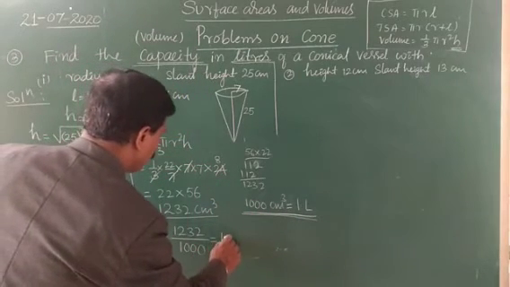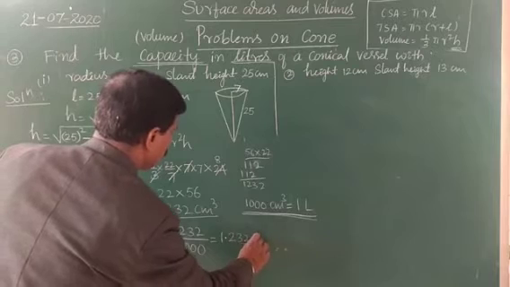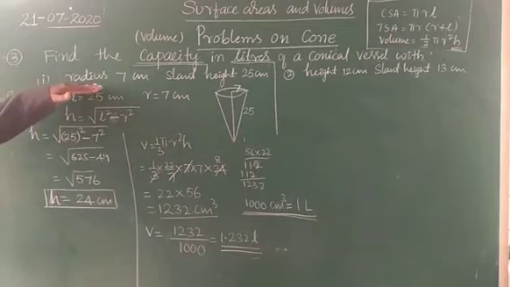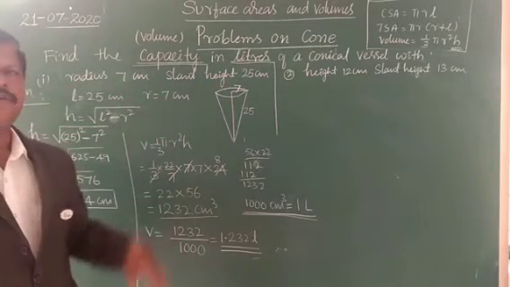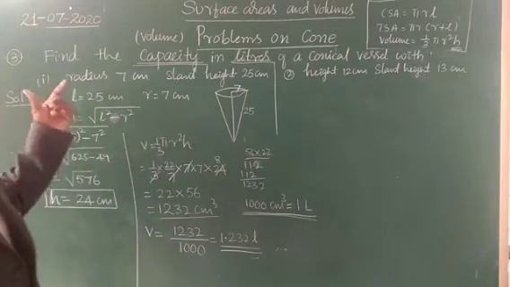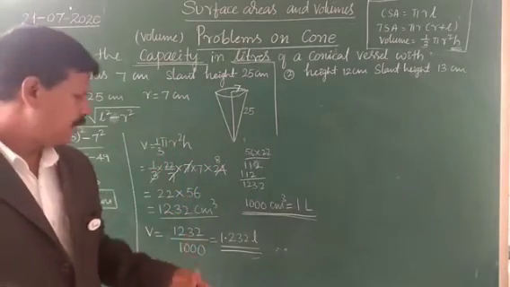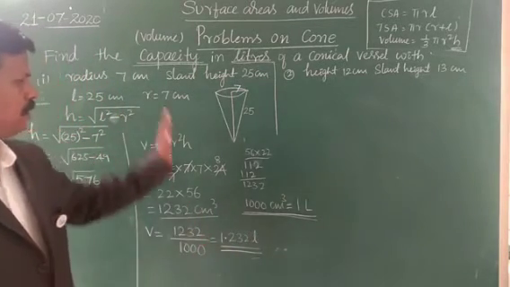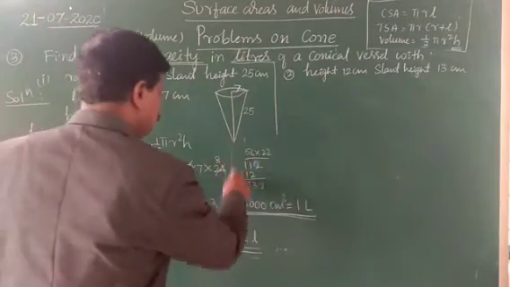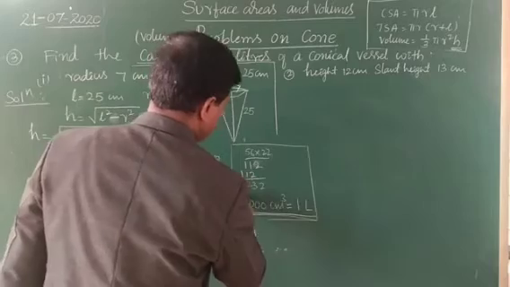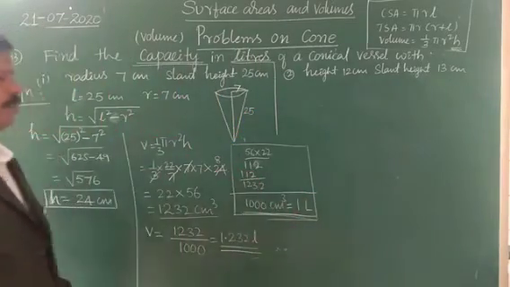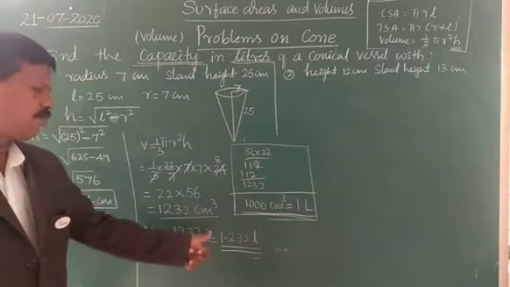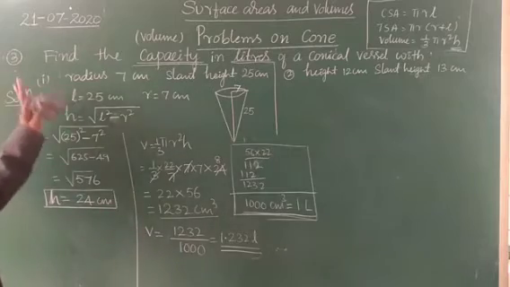So this becomes 1.232 liters. Clear? This is the first problem. When the radius is 7 centimeter and slant height is 25 centimeter, the capacity of this vessel is 1 liter 232 milliliters. Clear? So in the problem, just know this. These are the things we should remember. 1000 cubic centimeter is equal to 1 liter. So 1232 becomes 1.232. Clear? This is the first part.